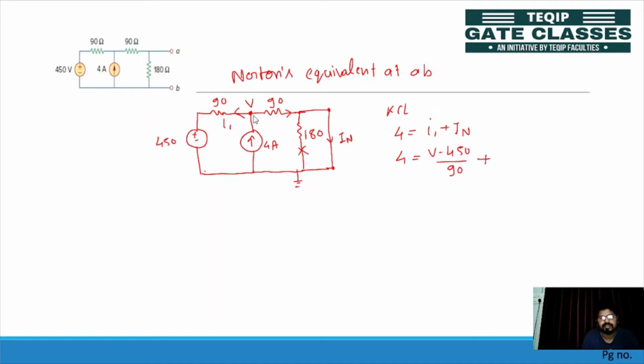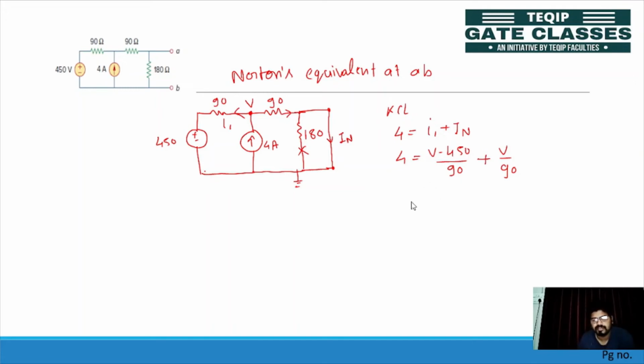This is your IN straight, V minus 0 by 90, because this 180 is not here in the circuit, short circuited. Okay, so from here you will get your V.